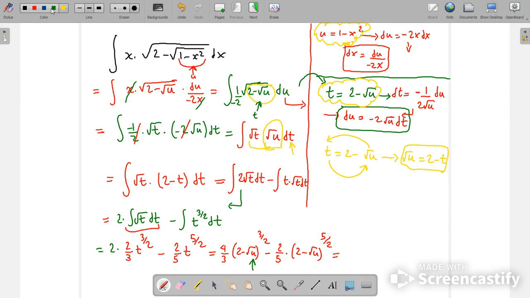So we can have something like this at the end: 4/3 times 2 minus, instead of u, 1 minus x squared, to the 3 halves, minus 2/5 of 2 minus 1 minus x squared, to the 5 halves, right? That's it. So that's the result of that integration, and we are done.